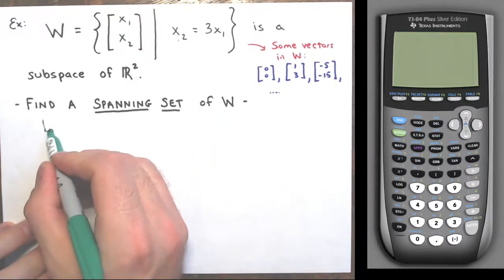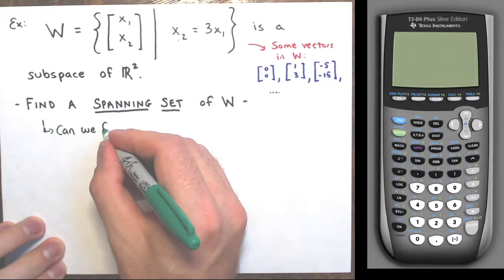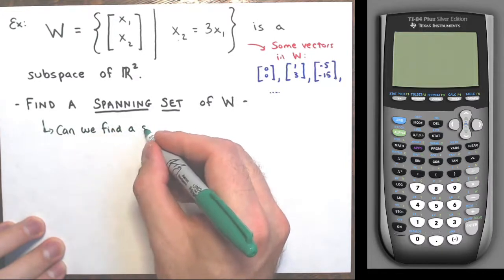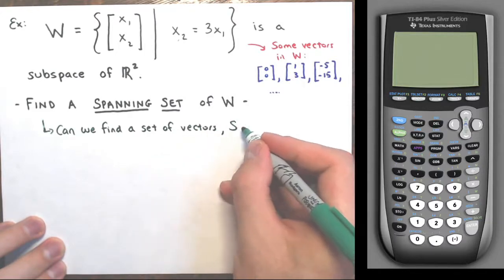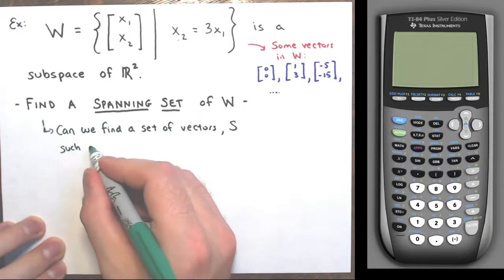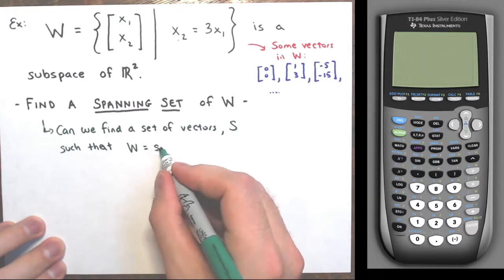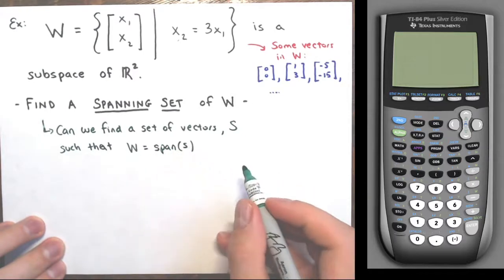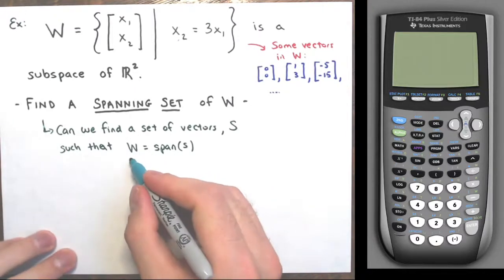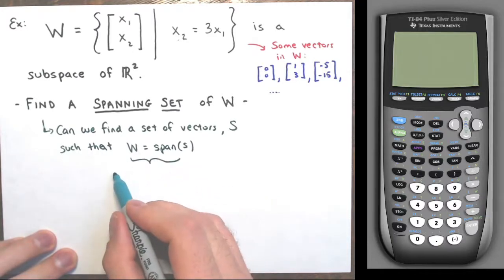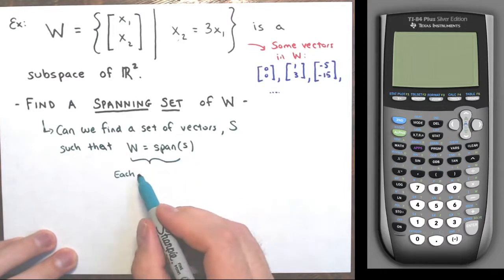Another way to state this would be, can we find a set of vectors, which I'll call S, such that W is equal to the span of the vectors in S. Or another way to put this, when I say W equals the span of S, that means each vector in W is a linear combination of the vectors in S.